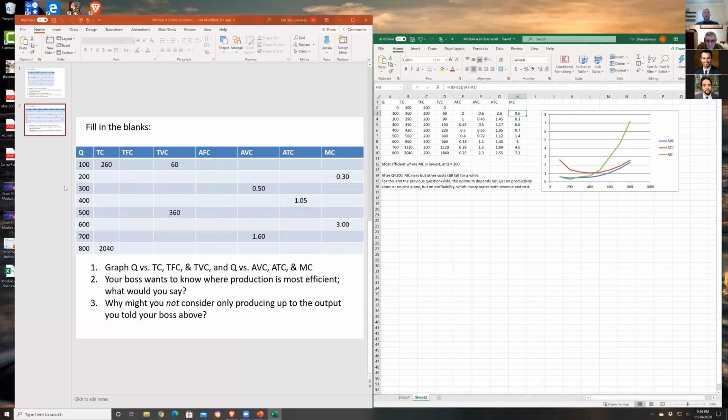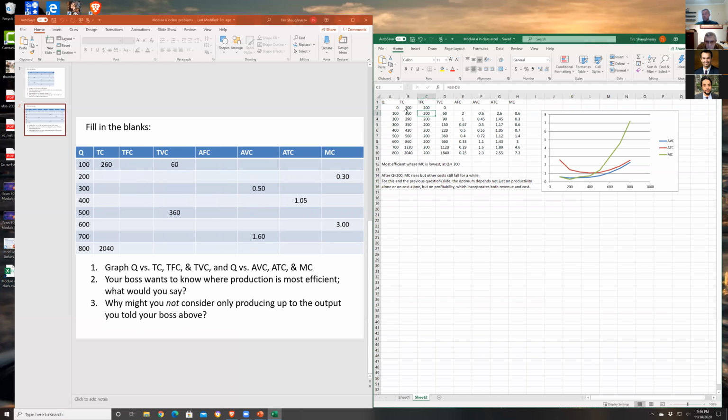And so yes, even though I don't have it in here, I was able to make a zero row because I could figure out in the first row that the total fixed costs are $200, because the total cost is $260, and if I know the variable cost is $60, then the total fixed cost must be $200.